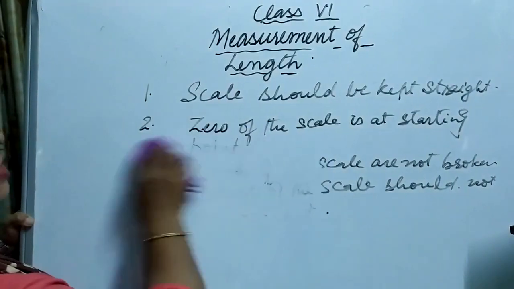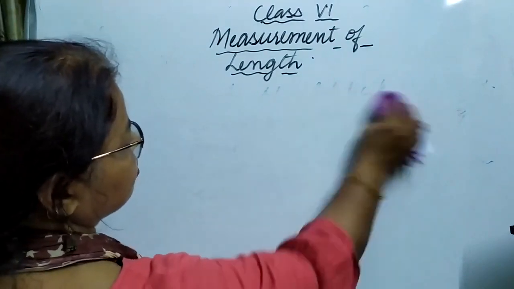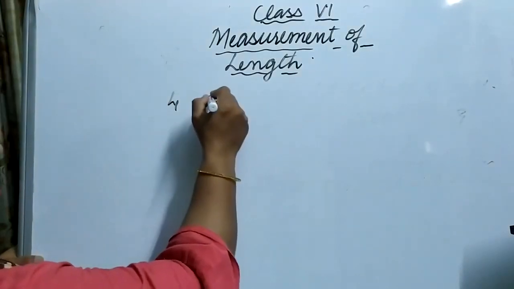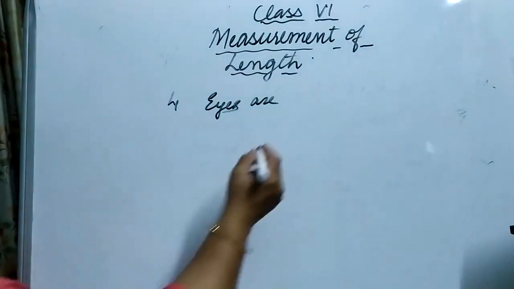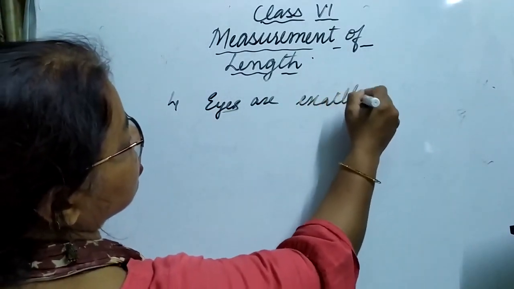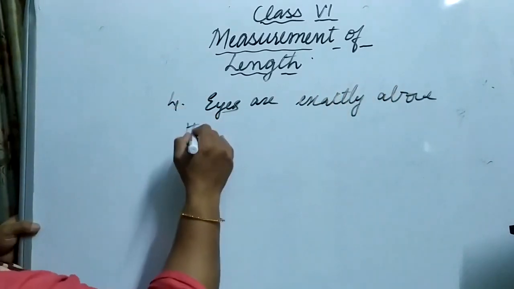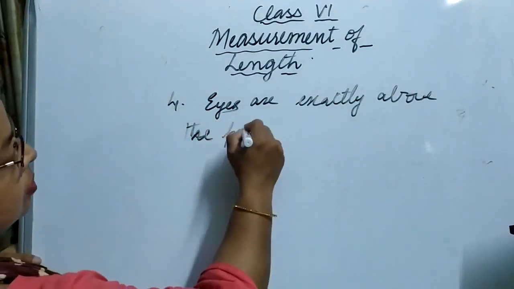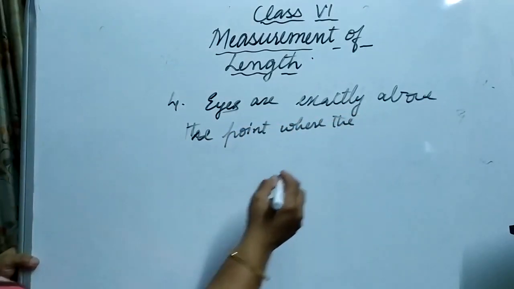Now, what is the fourth point or fourth step while measuring something? You have to ensure that eyes are exactly above the point where the measurement is to be taken.